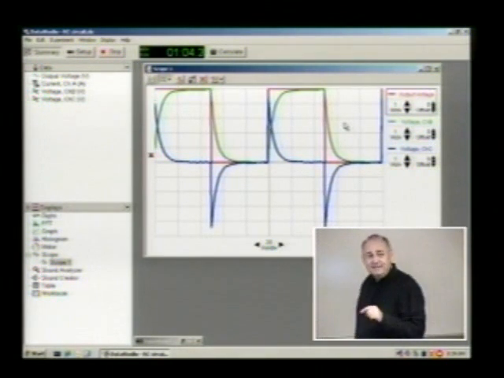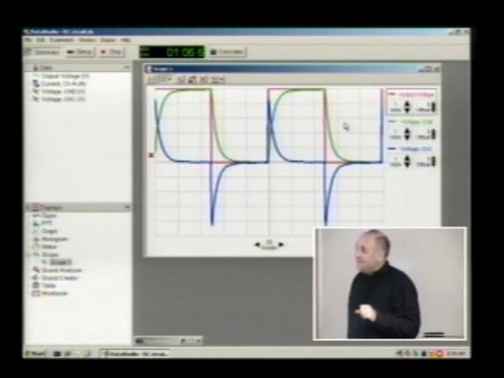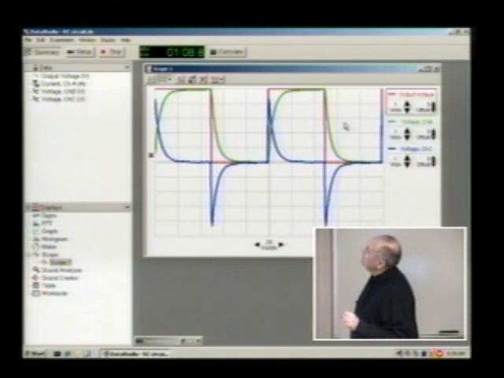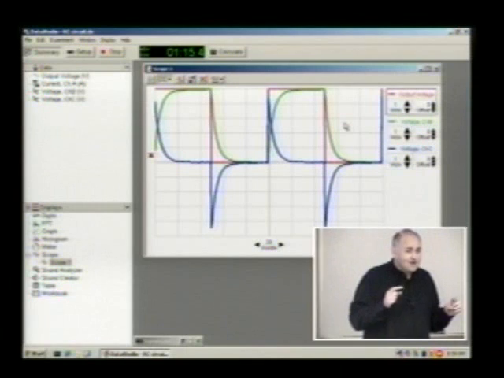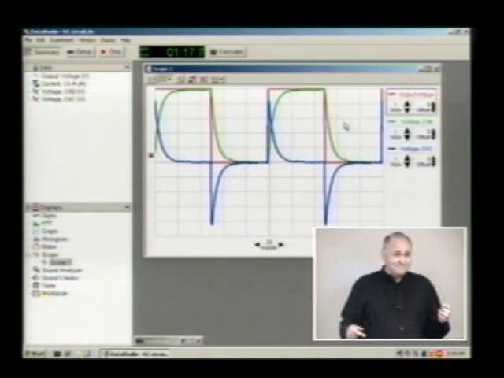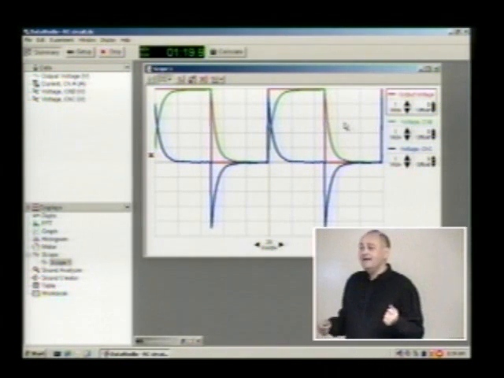Now, this perfectly is not that perfect, though. There are various problems because we have to recognize that we never have ideal elements.